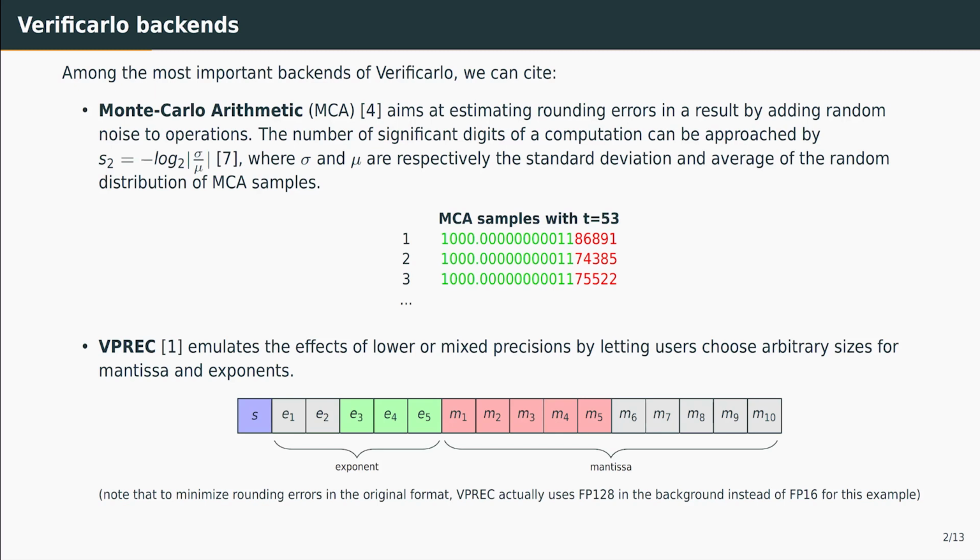The second backend is VPREC, for virtual precision. So this one is deterministic, and it aims at evaluating the effects of lower precision by allowing you to choose accurately how many bits you want for your exponents and mantissa. So how it's implemented in practice is that we perform the calculation in high precision, typically quad precision, to reduce the actual physical rounding error.